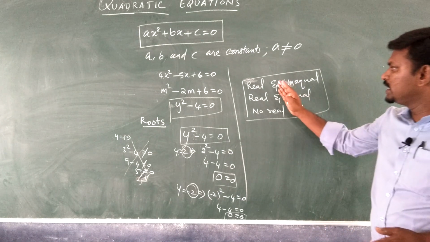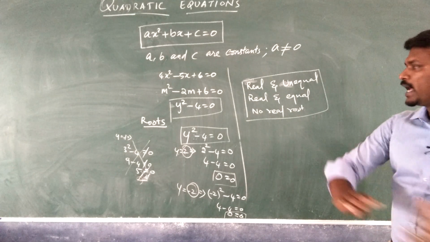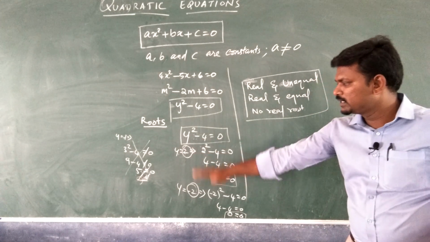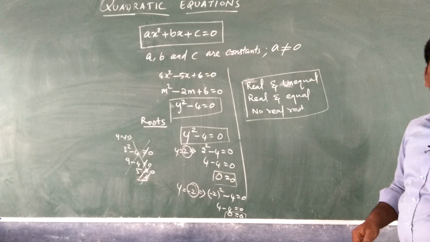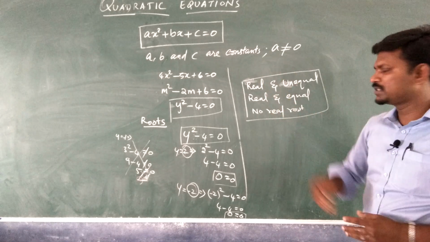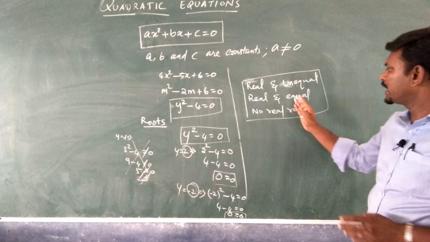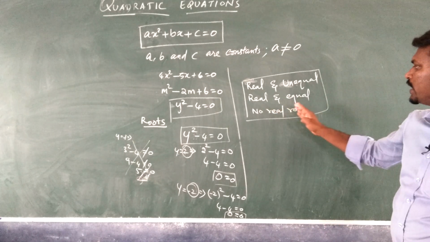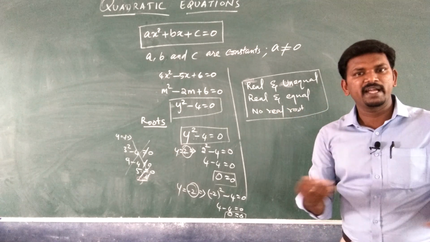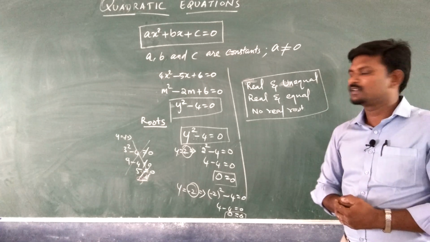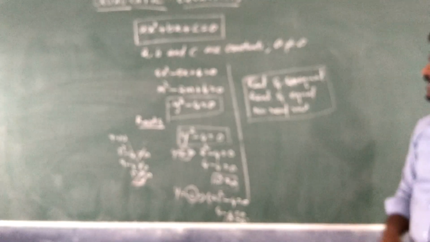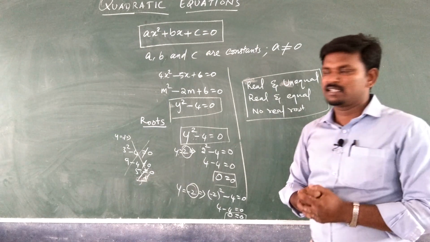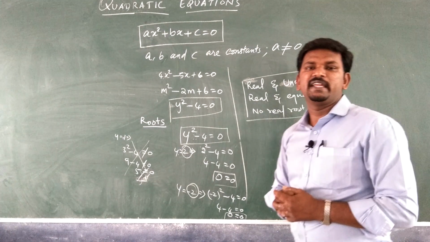A quadratic equation may have real and unequal roots, two different roots. A quadratic equation may have two equal roots. A quadratic equation may not have real roots. So these three answers we may get when we solve the quadratic equation.